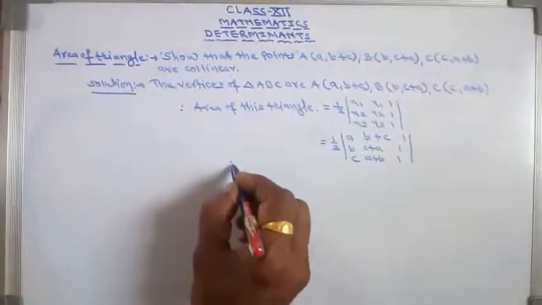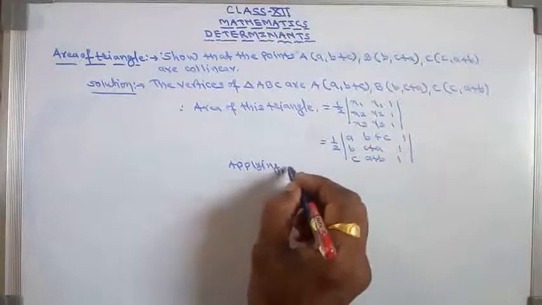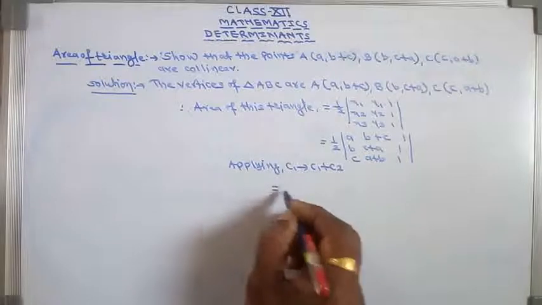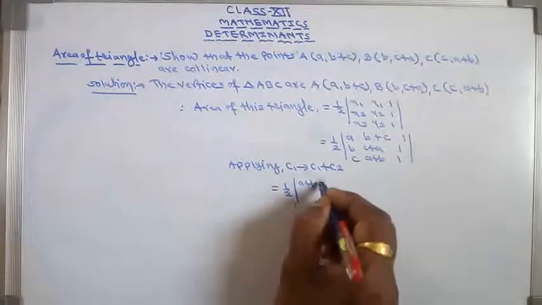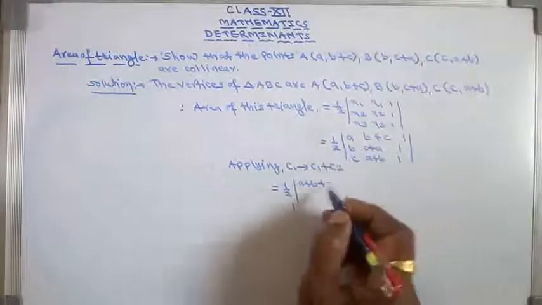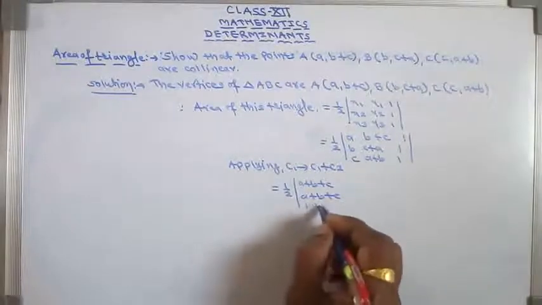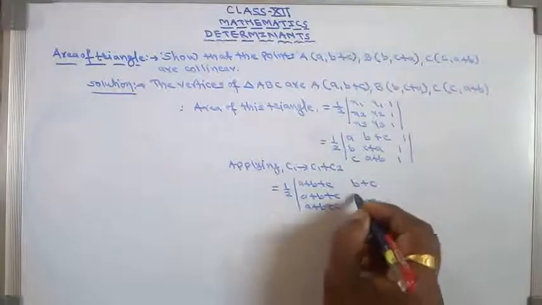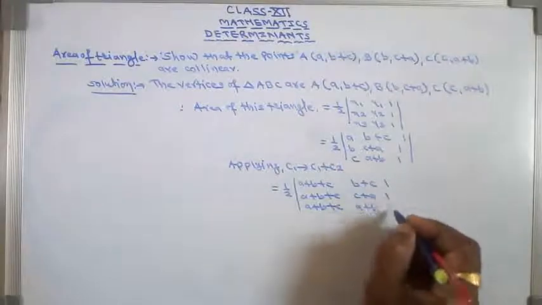So applying C1 as C1 plus C2, this is equal to half into A plus B plus C, A plus B plus C, A plus B plus C, remaining as it is B plus C, C plus A, A plus B, 1, 1, 1.